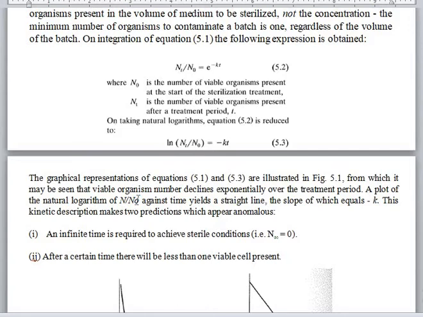While you give the sterilization treatment, as time increases, the number of organisms decreases. A plot of the natural logarithm of N/N0 against time yields a straight line, the slope of which equals -K. You can understand by seeing the graph.